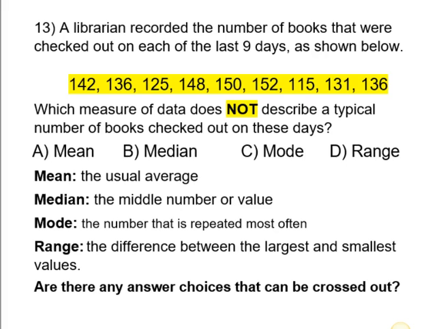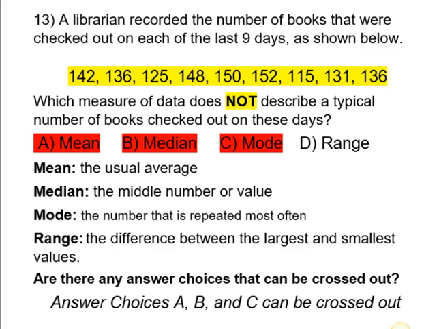So what we're looking for as wrong answers are the measures of data that can describe the typical number of books that were checked out in the last 9 days from the library. Again, mean, median, mode, and range.